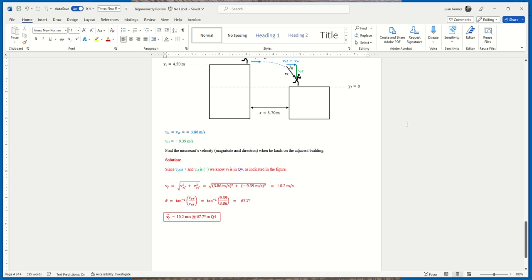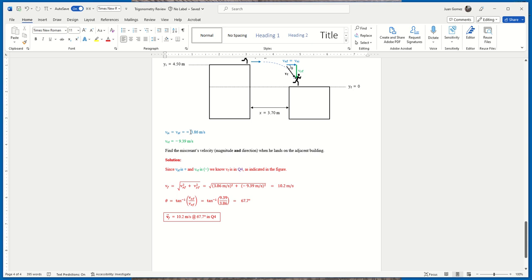And the signs of vx and vy tell you the quadrant. And again, in this case, the y component, the green, is negative. The x component, the blue, is positive. So right away, that tells me that the velocity vector vf is in Q4, or conversely, because vf is in Q4, I know that the x component is positive and the y component is negative.